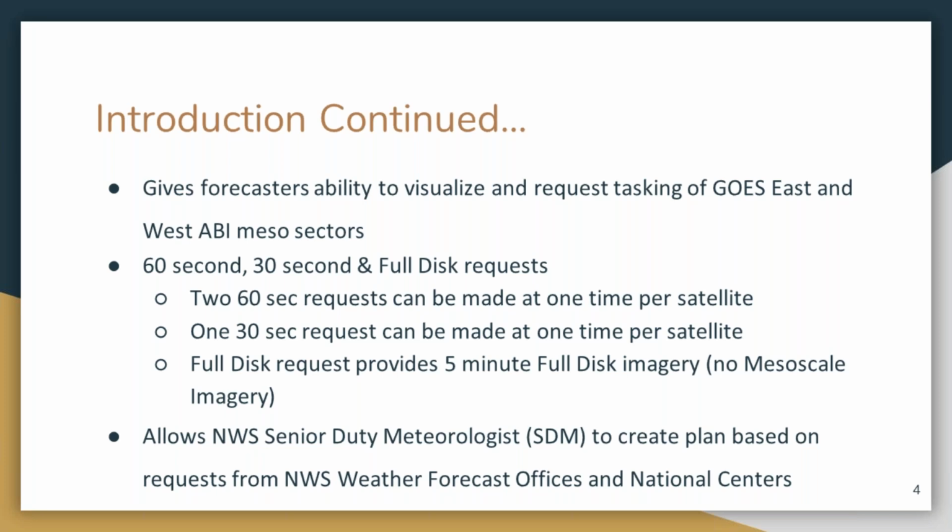And it facilitates the workflow of forecast offices making the request and the SDM brokering the request and the NESDIS help desk facilitating the request to the satellite operators at NESDIS that actually implement the request. So the SDM gets to create the plan and so forth. All right, next chart.